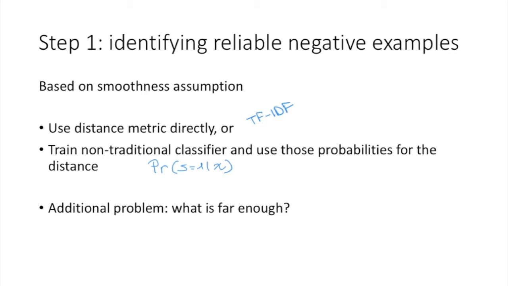Next, I will show you a distance metric that was specifically designed for PU learning. Then I will show you in more detail how this non-traditional classifier works. And then finally, I will show one solution to this problem, how to decide which examples are different enough.